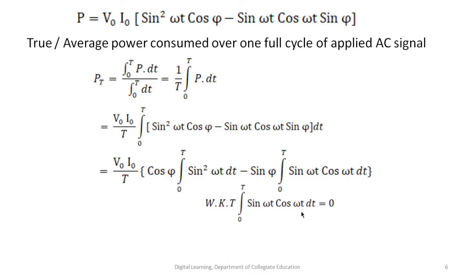We know that over a complete cycle, that is 0 to T, integration from 0 to T of sin omega t cos omega t dt is equal to 0.